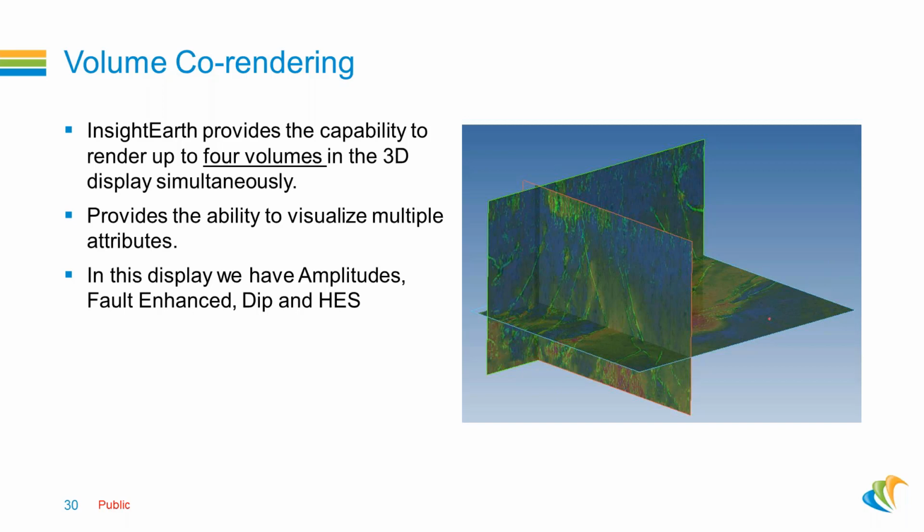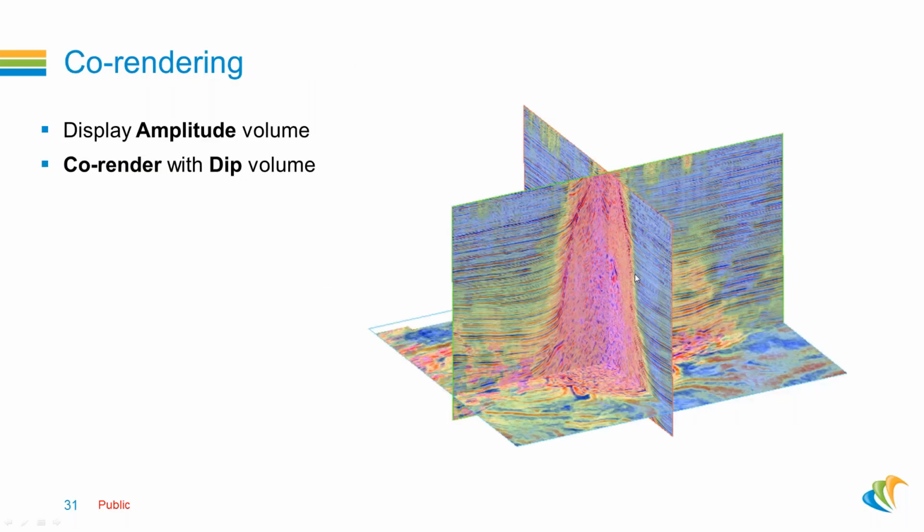In this example, we have the amplitude volume, we have the fault enhance, and you can see the fault in light green. We also have the dip volume and the horizon edge stat, which is another attribute that we calculate here to create this fault interpretation technique.